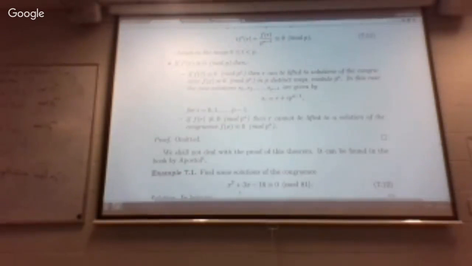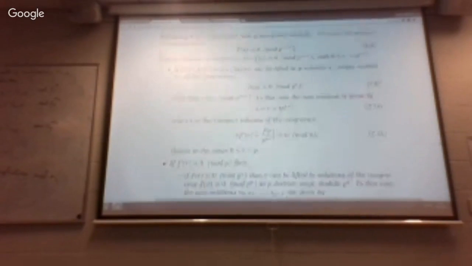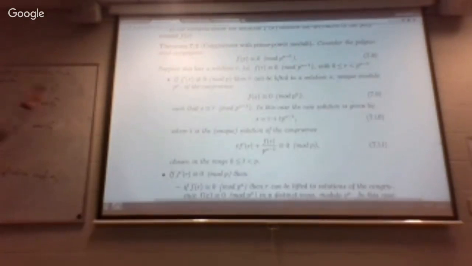So we can have a look at this example 7.1. I know there's a lot to take in there, a lot of technical matters coming up, but hopefully it'll become clearer when we start working through this example. It's very much going to be a case of following this kind of algorithm or recipe.